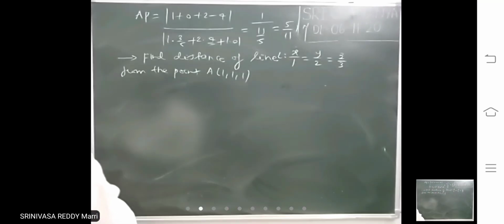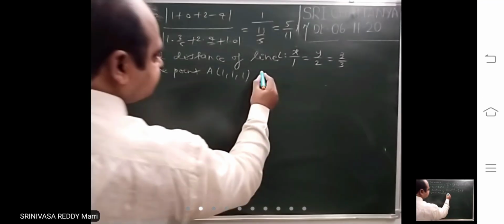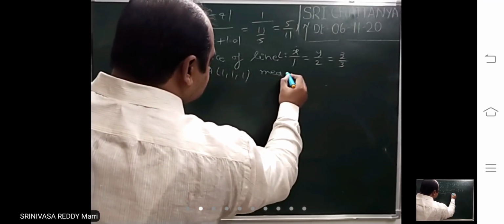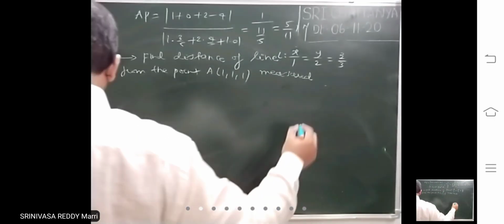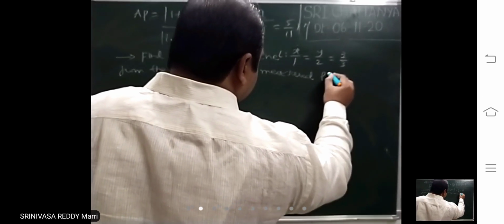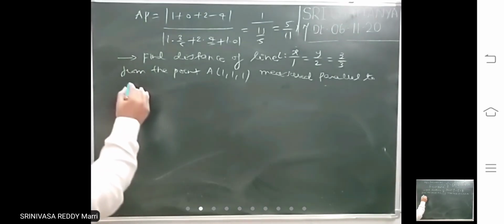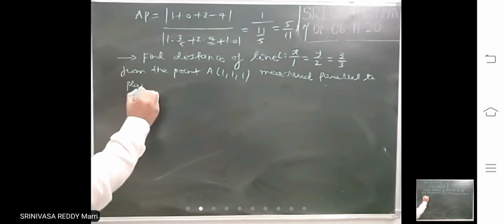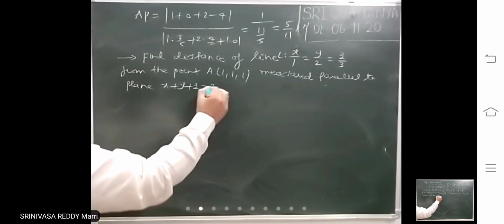The distance of the line from the point is measured parallel to the plane x plus y plus z equal to 3.